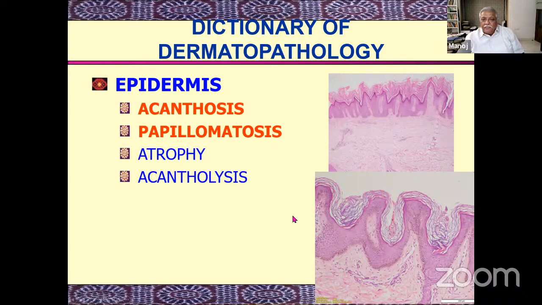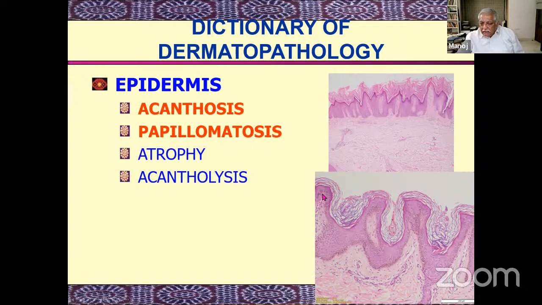Once again, we come back to our good friend papillomatosis, the church steeple. Could be pointed like this, could be blunted like this. But the important thing is that there is proliferation going on of the epidermis, and the proliferation of the epidermis is causing an elongation of the epidermis.